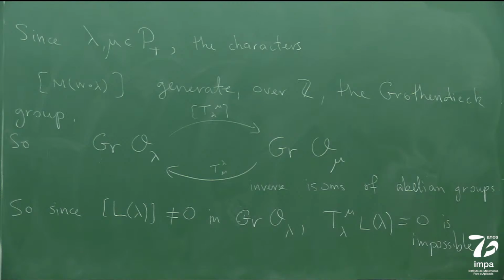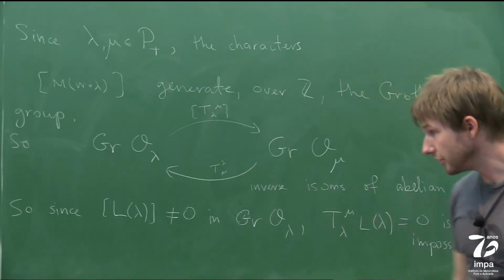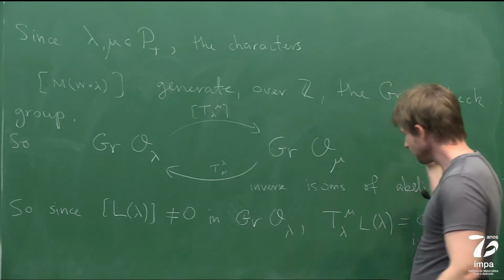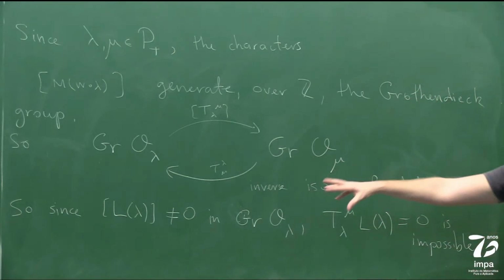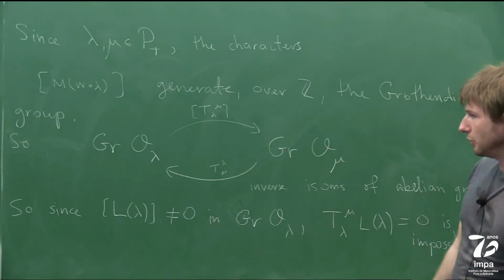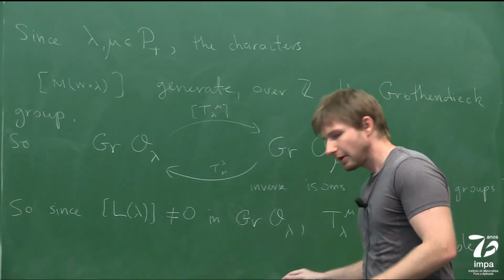So basically, look at it at the level of Grothendieck groups. And since the irreducible module is not 0 there, its image can't possibly be 0 as a module. Therefore, it actually has to be L mu.